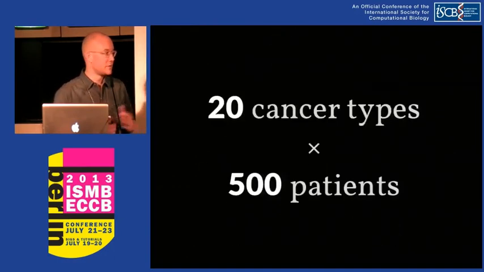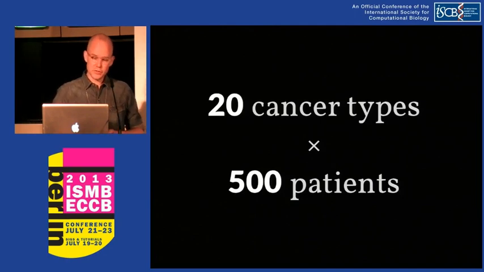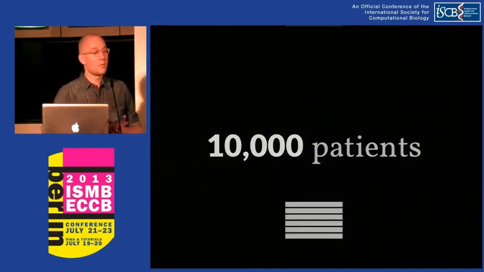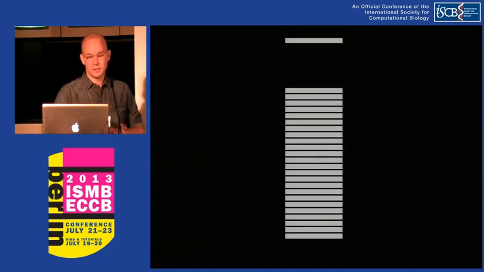So this project is studying around 20 cancer types, and the goal is to have roughly 500 patients at least per tumor type, which, I know you can do the math yourself, but just in case you can't this morning, means there are about 10,000 patients, and for these 10,000 patients, we have a lot of data.